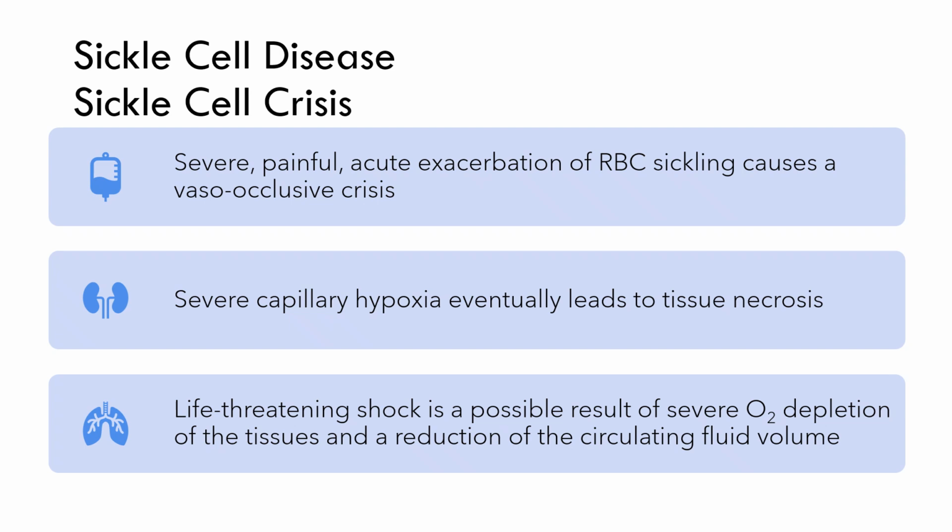Tissue ischemia, infarction, and necrosis eventually occur from lack of O2. Shock is a possible life-threatening consequence because of severe O2 depletion of the tissues and decreased circulating fluid volume. Sickle cell crisis can begin suddenly and persist for days to weeks.